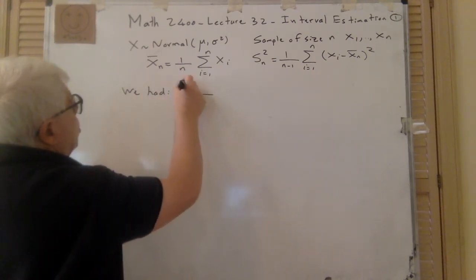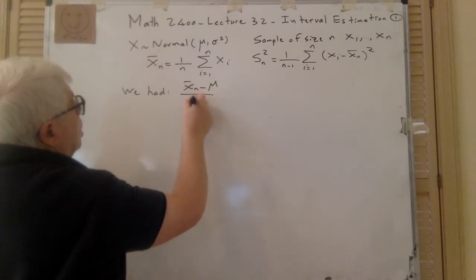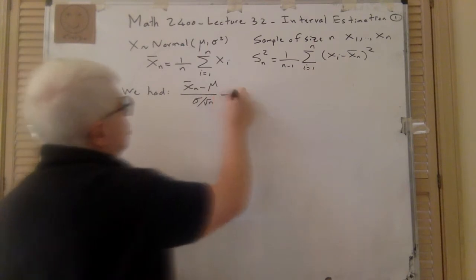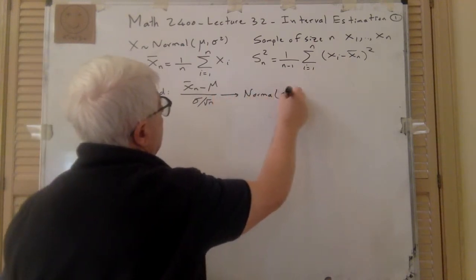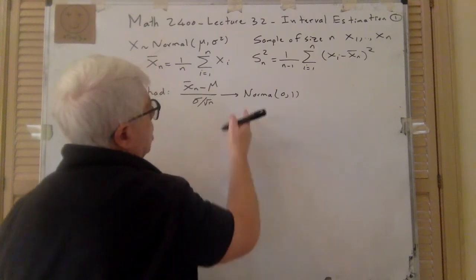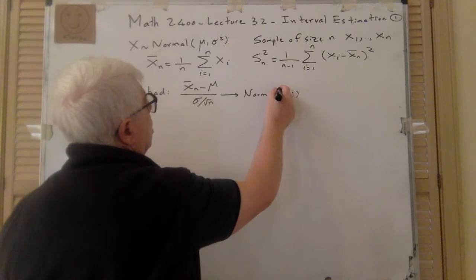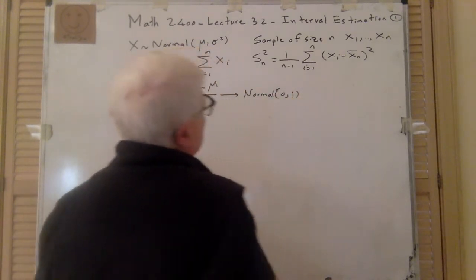That x bar n minus mu over sigma over square root of n goes to normal 0, 1, and we use this to do problems on x bar n.